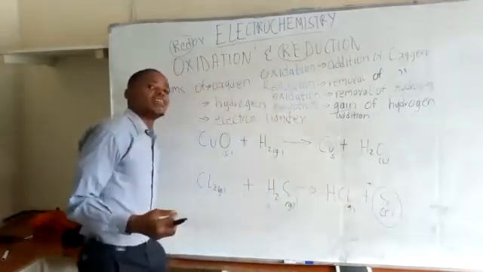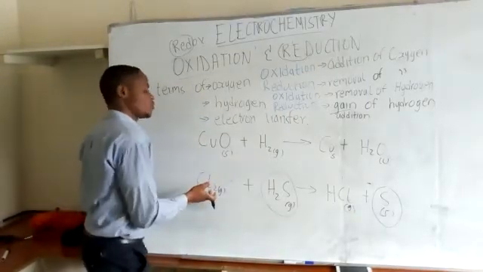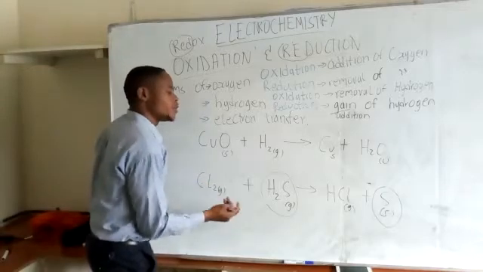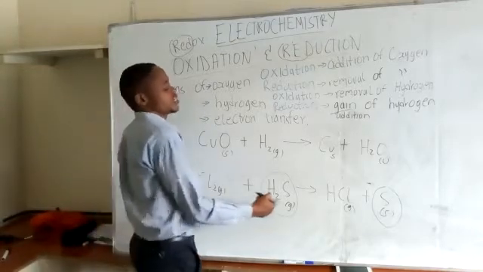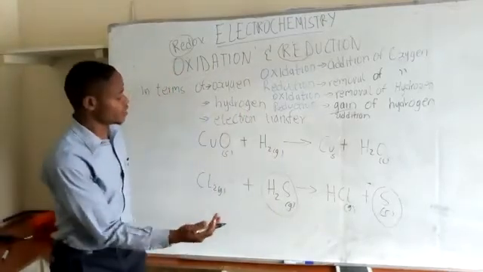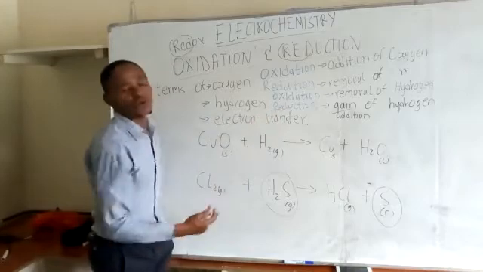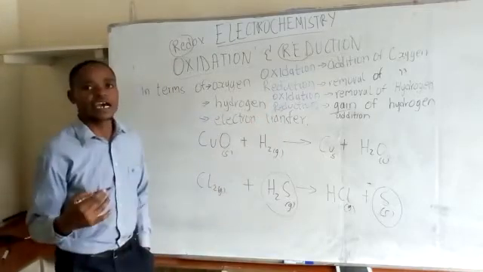So we say sulfur has been oxidized. And chlorine, on the other hand, we've added hydrogen to it. That's why we formed hydrogen chloride. So we say chlorine has been reduced because it has gained the hydrogen atom.